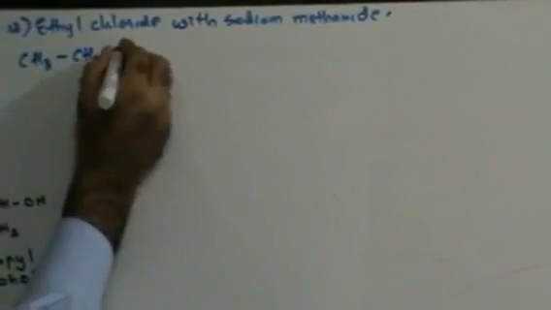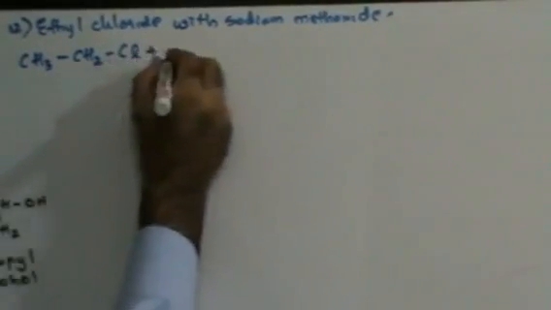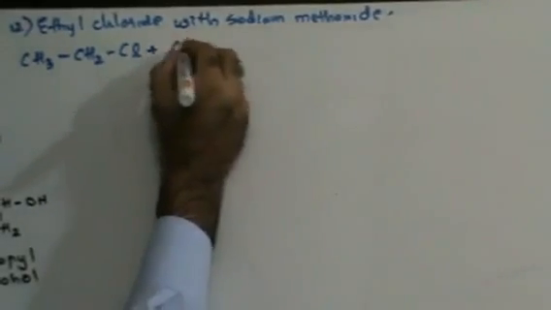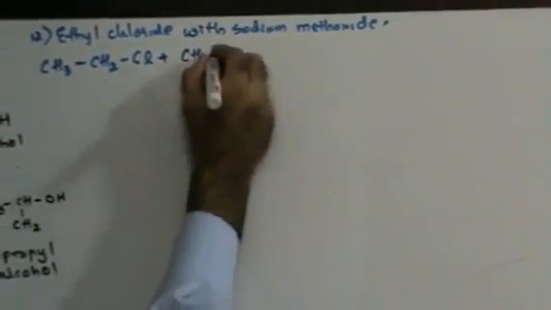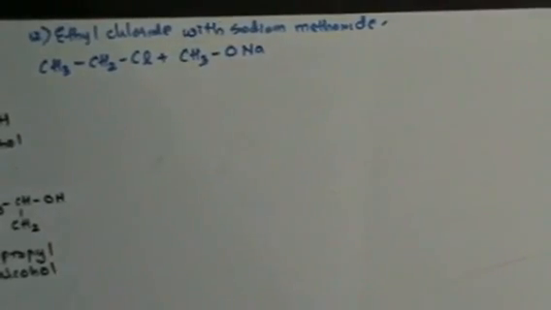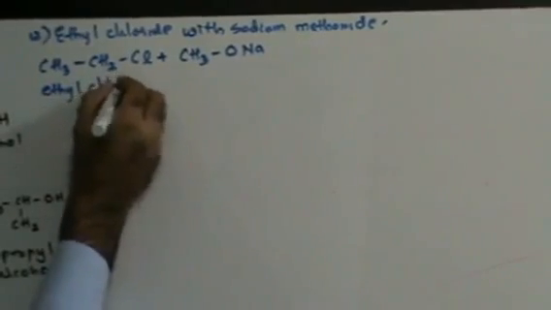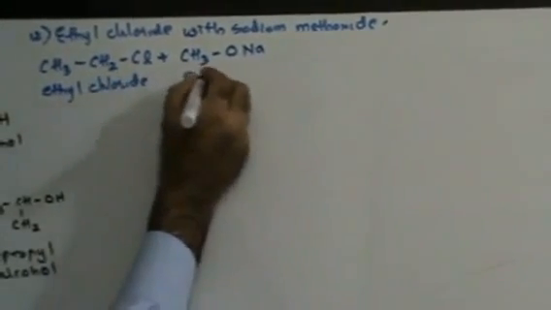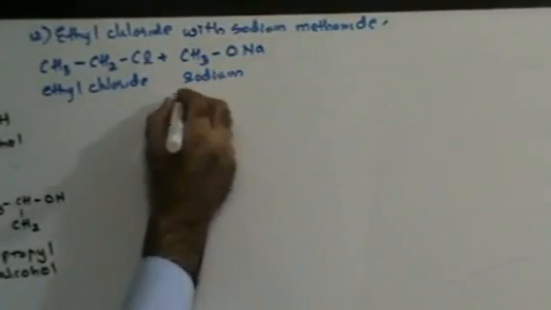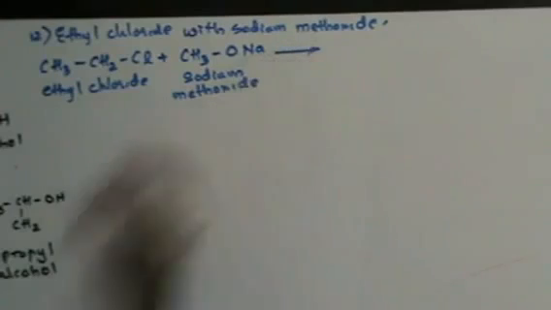Ethyl chloride, CH3CH2Cl, reacts with sodium methoxide, CH3ONa.